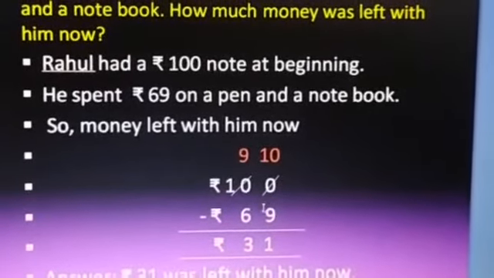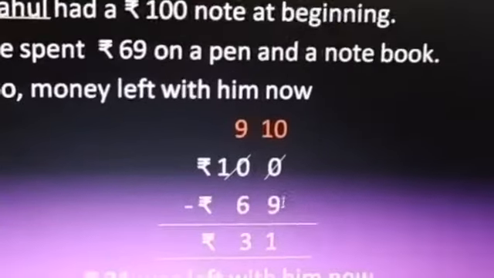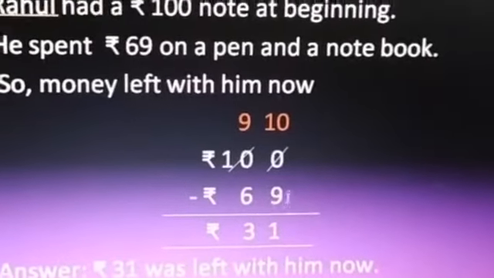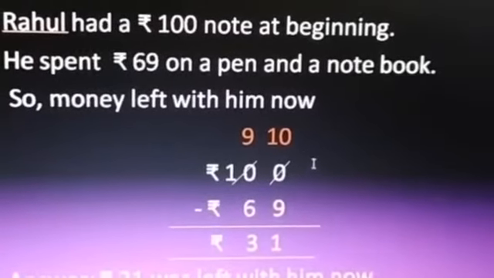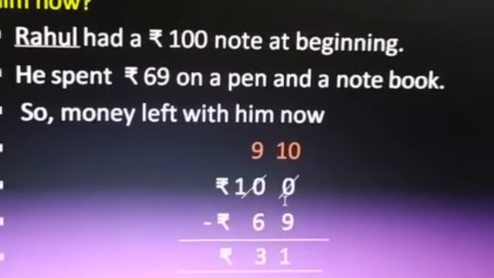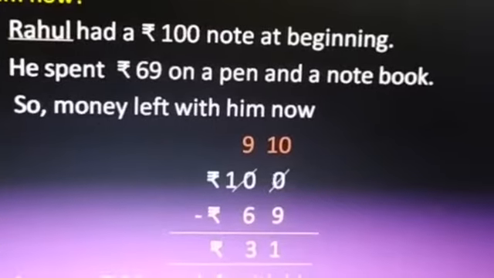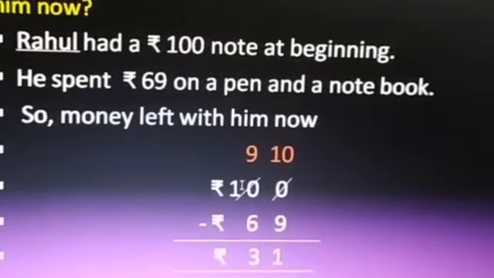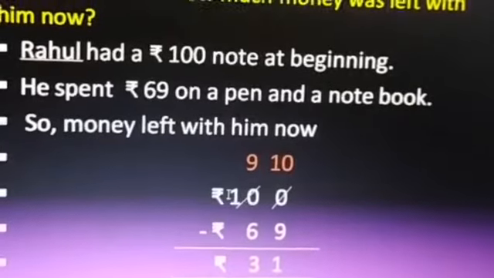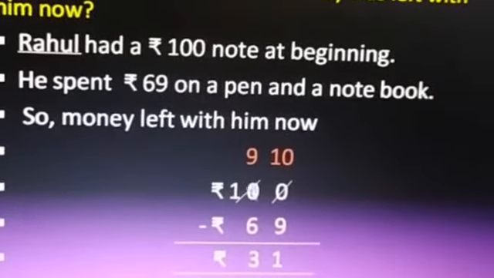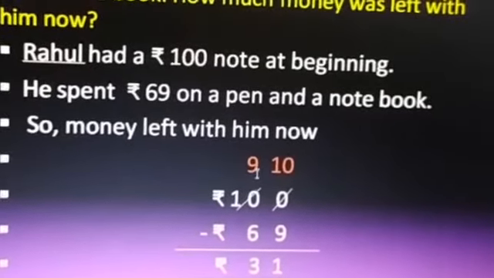So 100 minus 69. Here 9 you will subtract from this 0. Is it possible? No. So what to do? We have to borrow 1. We'll borrow 1 from whom? We'll borrow 1 from the next number. Next number is 10. So 10 minus 1 is 9 now.